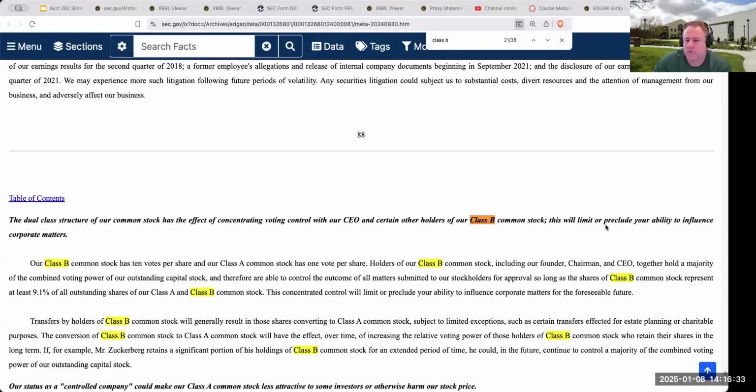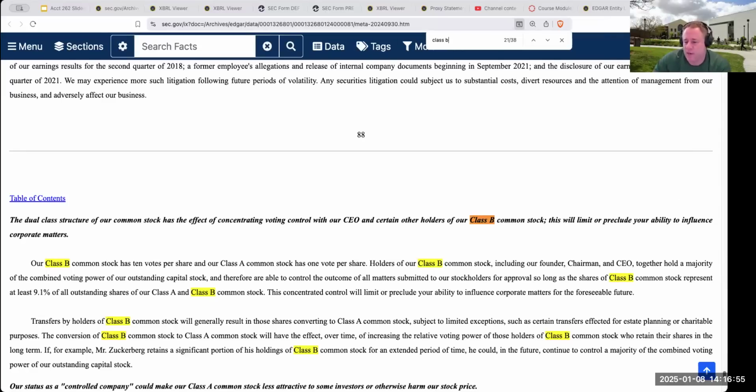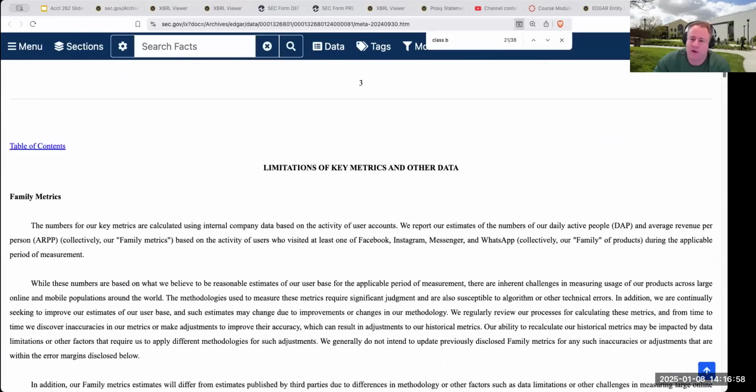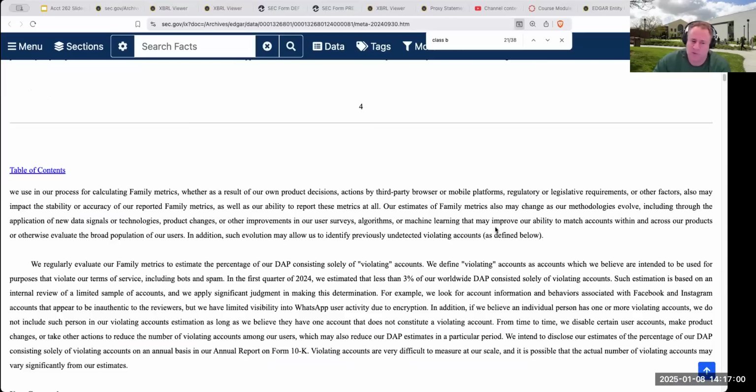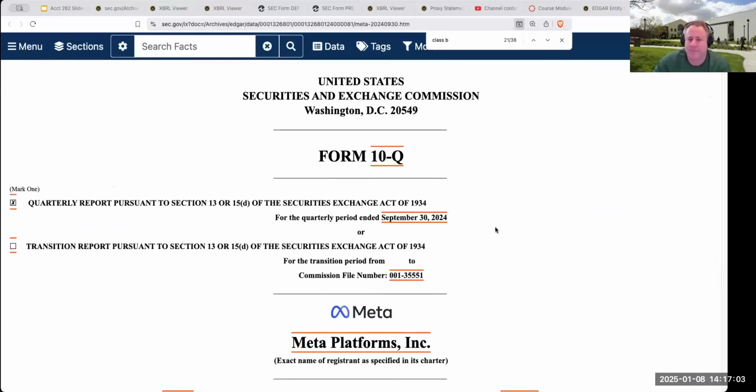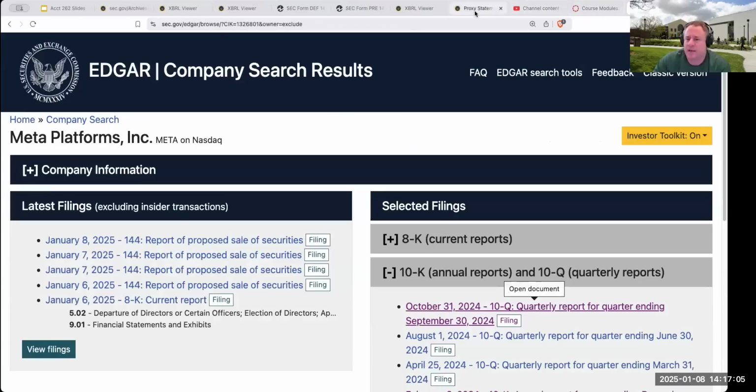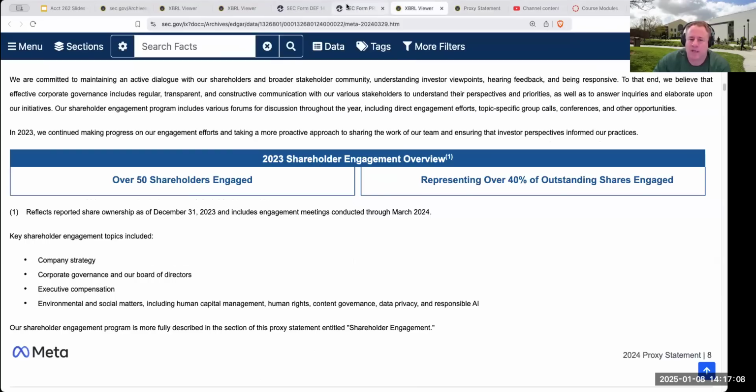Okay, so this will limit or preclude your ability to influence corporate matters. Guess what? This disclosure, this risk factor has been here the entire time. So from a facial part, it's really clear that you can't really vote them out. But from a societal part, that brings a bigger question, which I think you'd be looking to Congress for, and then you're starting to tell corporations what to do, and that's probably not a good idea. So in any event, that's as we go through and look at this proxy statement.